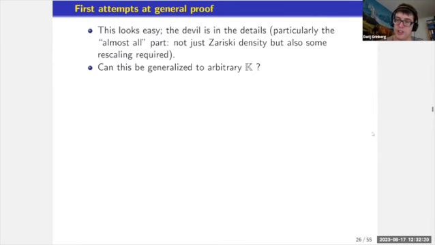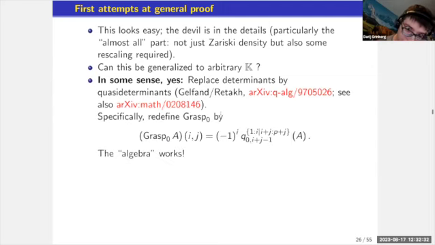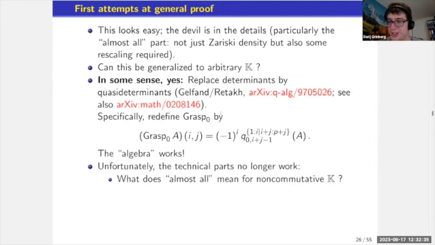Now, unfortunately, it looks like you should be able to generalize this to non-commutative rings K, because there is a notion of non-commutative determinants. And on the level of those determinants, the map worked. Unfortunately, it's no longer clear why it's almost surjective. It's not even clear what this word means, almost surjective.